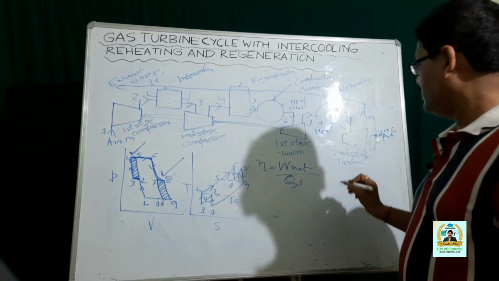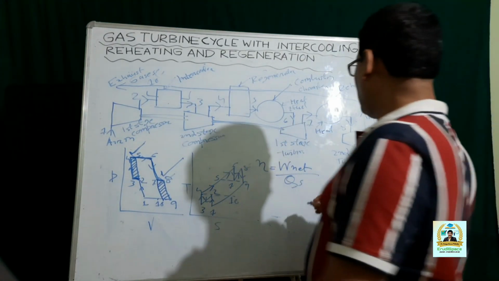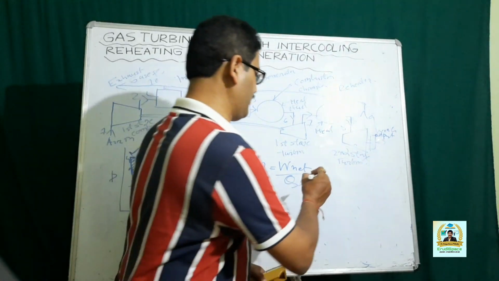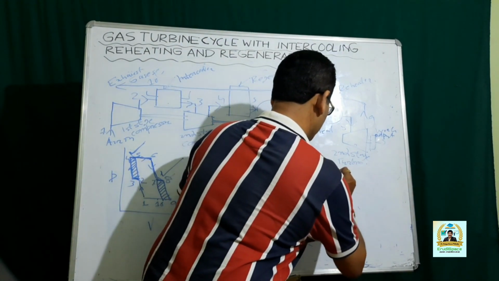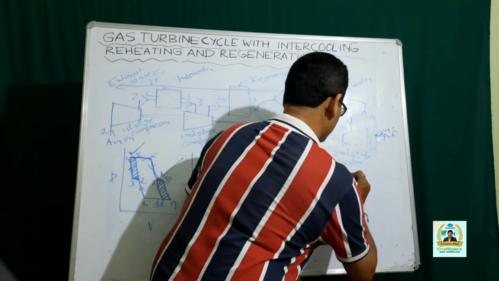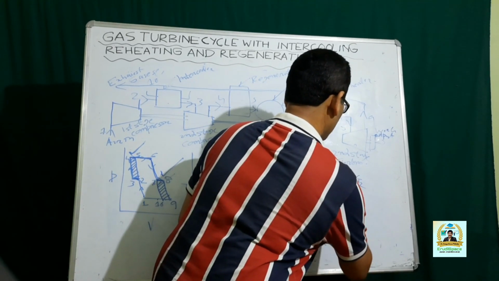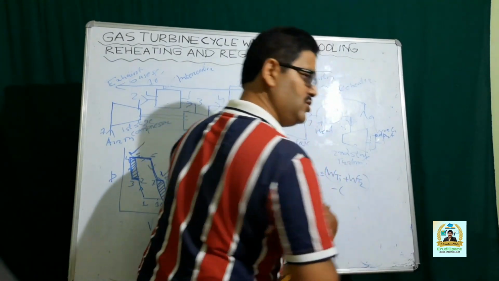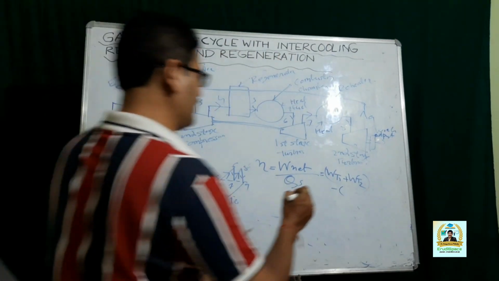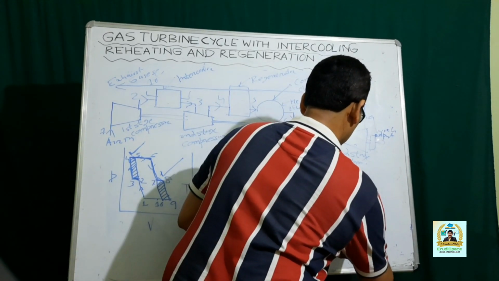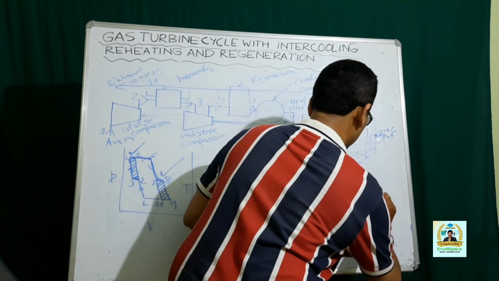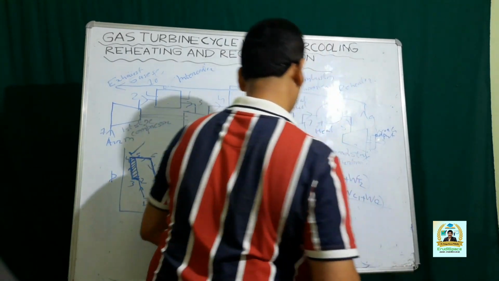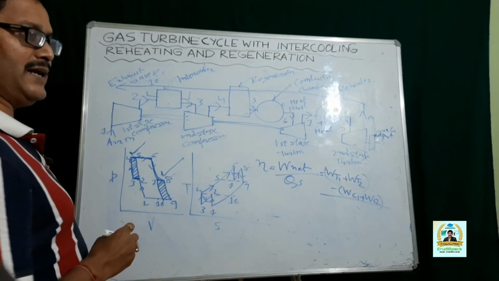Here, the net work output is the power that we obtain in 2 stages of the turbine, that is WT1 plus WT2, minus the work that is consumed in both the stages of compression, that is WC1 plus WC2, divided by the heat supplied.